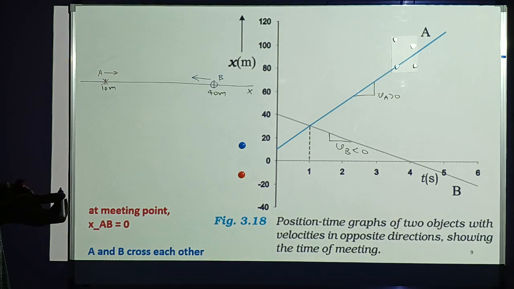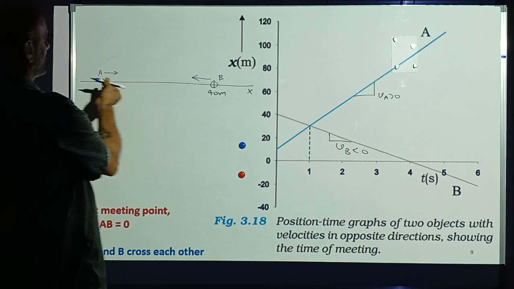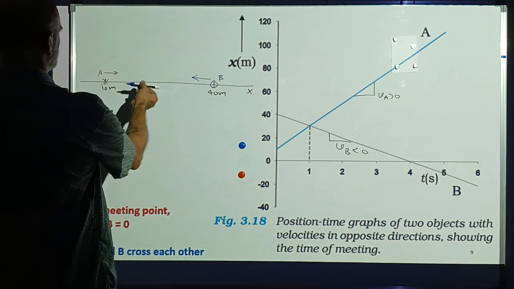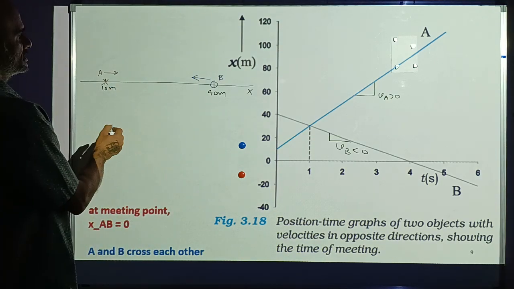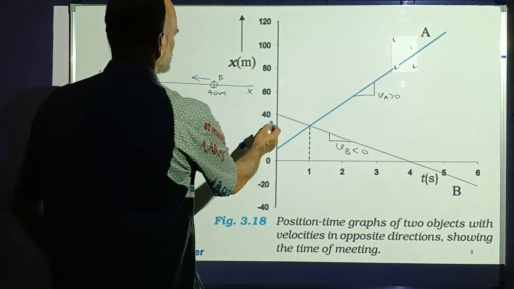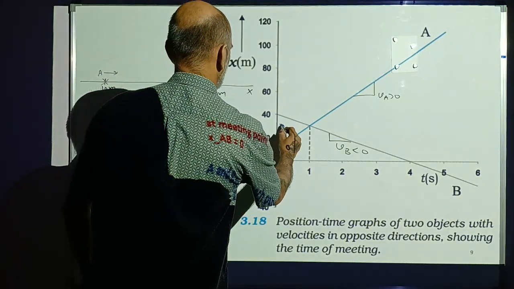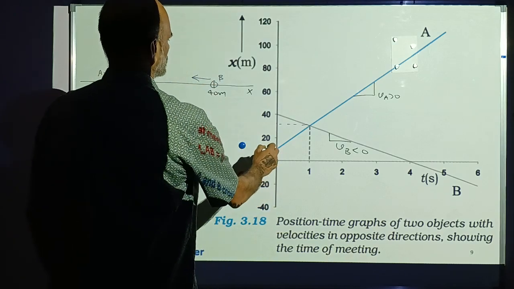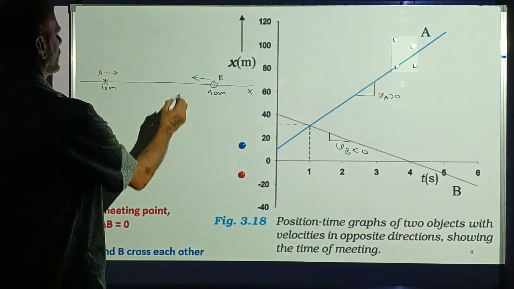There is a meaning of negative velocity. There are only two possibilities because it's 1D motion, either positive x or negative x. Velocity negative means it's in the negative direction. So at some stage they will meet, and it's meeting at approximately here, a little bit more than 30.